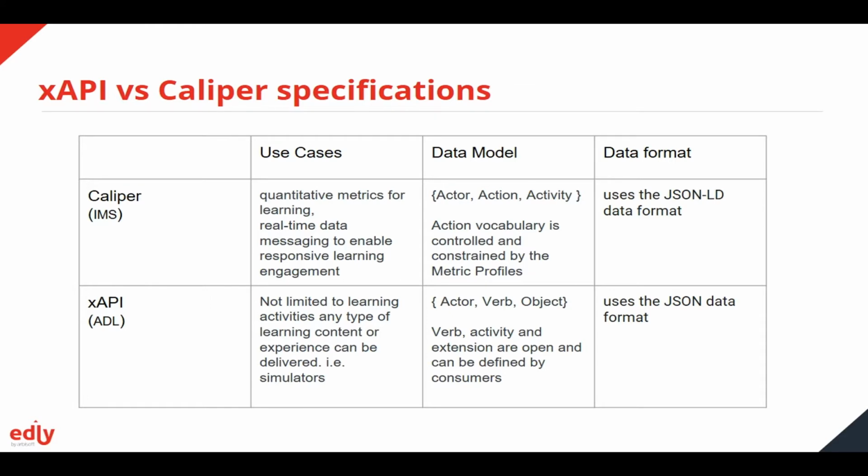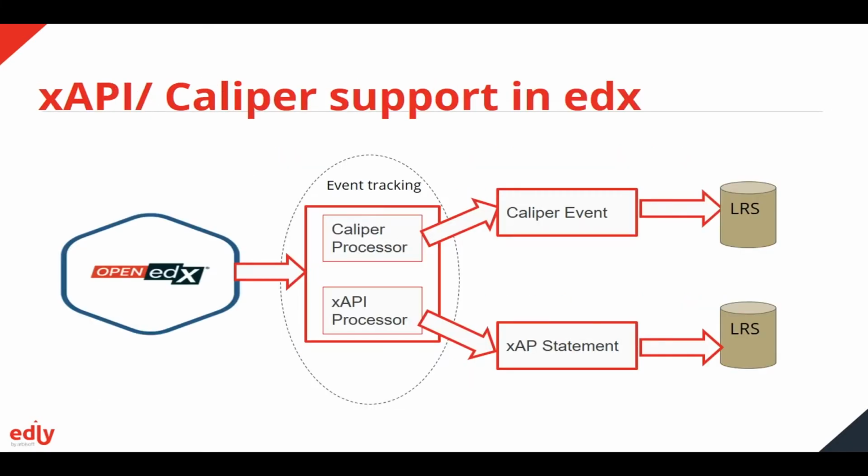As far as the architecture diagram or the flow, here is how we transform events and then route them to the relevant LRS. Open edX emits all those events. Then in the event tracking app, we have added a couple of backends and processors. Those are responsible for creating events for the relevant specification.